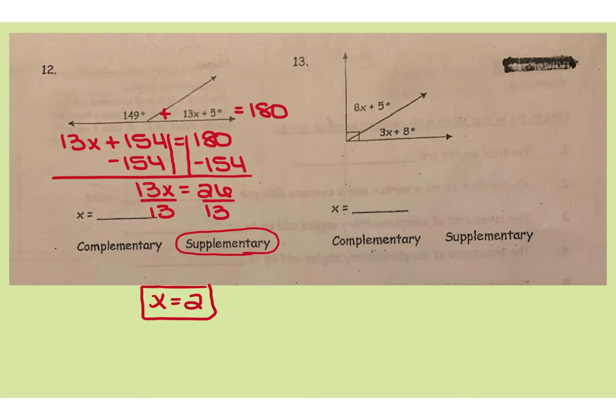All right. I want you to do 13, 14, and 15. Give you about 5 minutes. All right. What I want to know is what equation did you set up, and then what did you get for x? Who can tell me the equation for 13? All right, Reese.